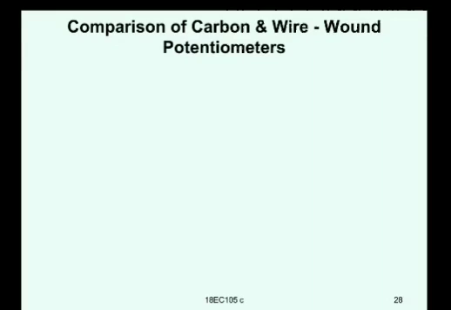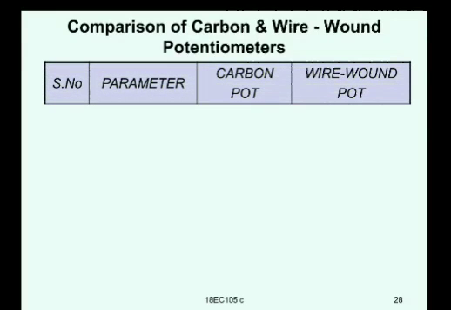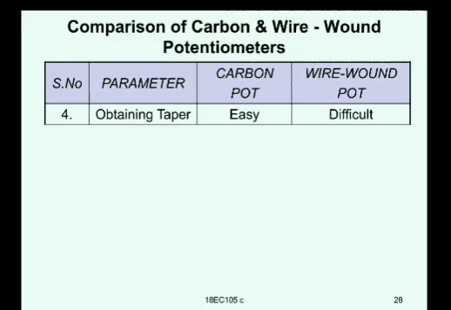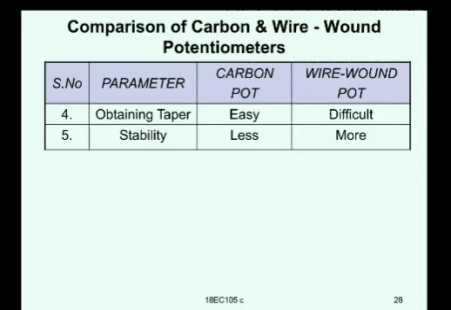So further comparing the parameters of both. Obtaining a taper is very easy in carbon type of potentiometers. It is very difficult to obtain such a taper in the wire wound resistors. Stability.